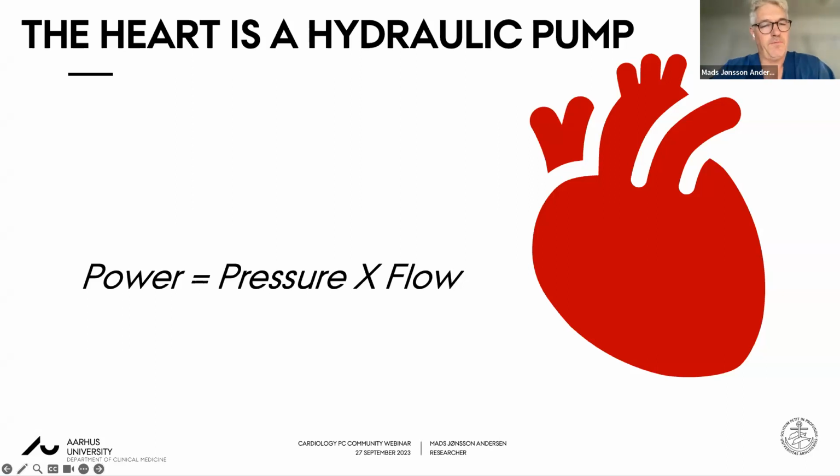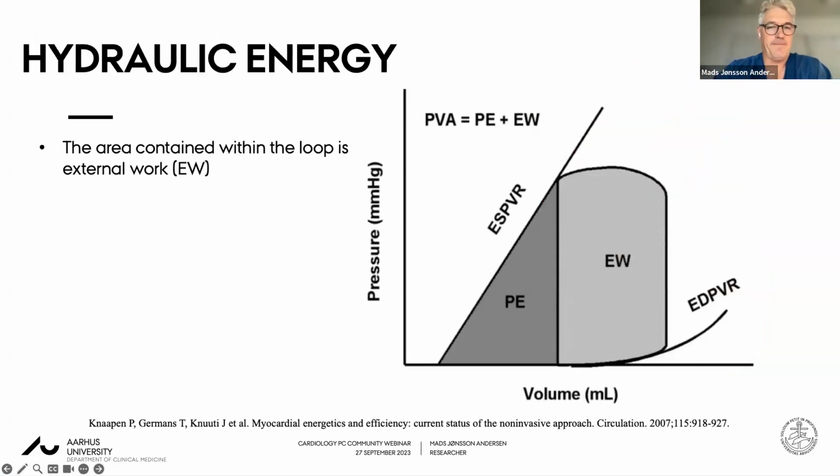Well, we know the main function of the heart is to provide hydraulic power or energy, and that is transmitted to the circulation in the form of pressure and flow. And the measure of pressure and flow is also power, and we can measure that.